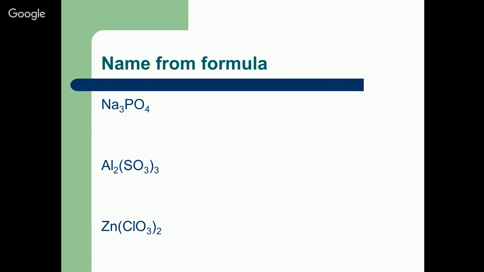In this first slide, we're going to name the compound from the formula. So we have Na3PO4. We name the first element using the name of that element. Na is sodium.